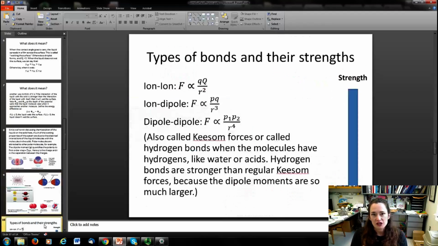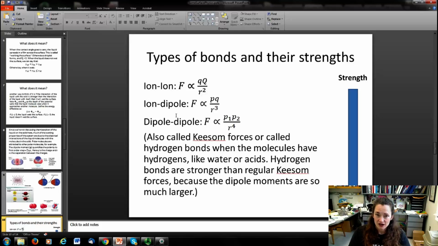So let's look a little bit at these forces between molecules and talk about the force and hence the strength of those interactions. So to remind us, if you have an ion attracted to another ion, that obeys Coulomb's law, where the force is proportional to the product of the two charges divided by the distance between those charges squared, okay?